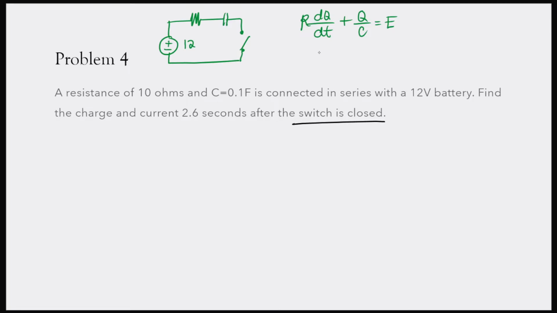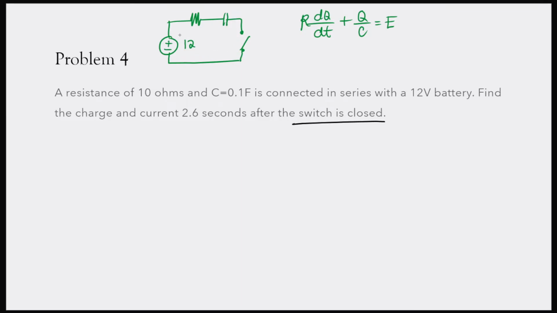We are identifying the rate of change in the charge with respect to time. Since the switch is open before the initial state, what does that mean? There is no current flowing in our circuit, because it is an open circuit.